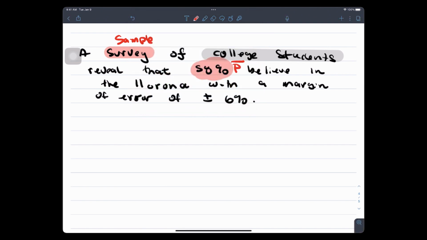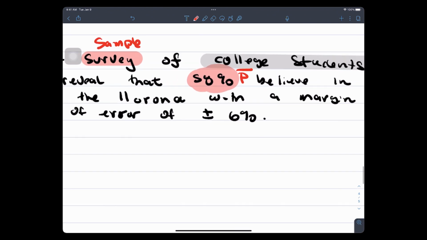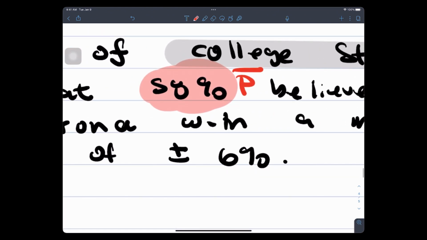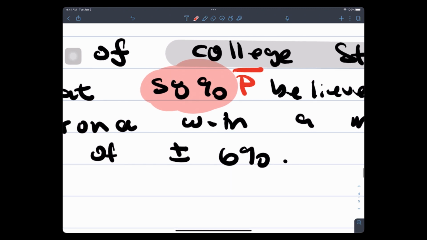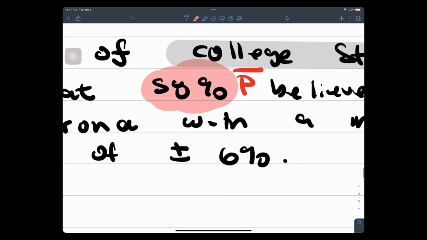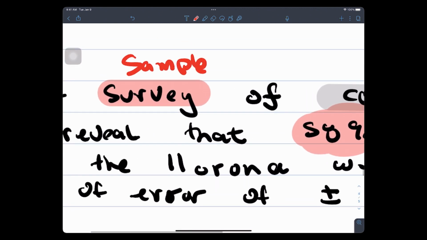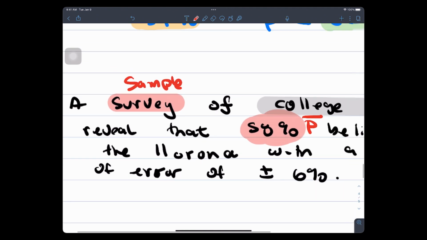How do you know that's a sample proportion, ladies and gentlemen? How do we know that? First of all, it's percent, right? They have percent, that's 58%, and it came from a sample. Isn't that kind of simple? Not that big of a deal.